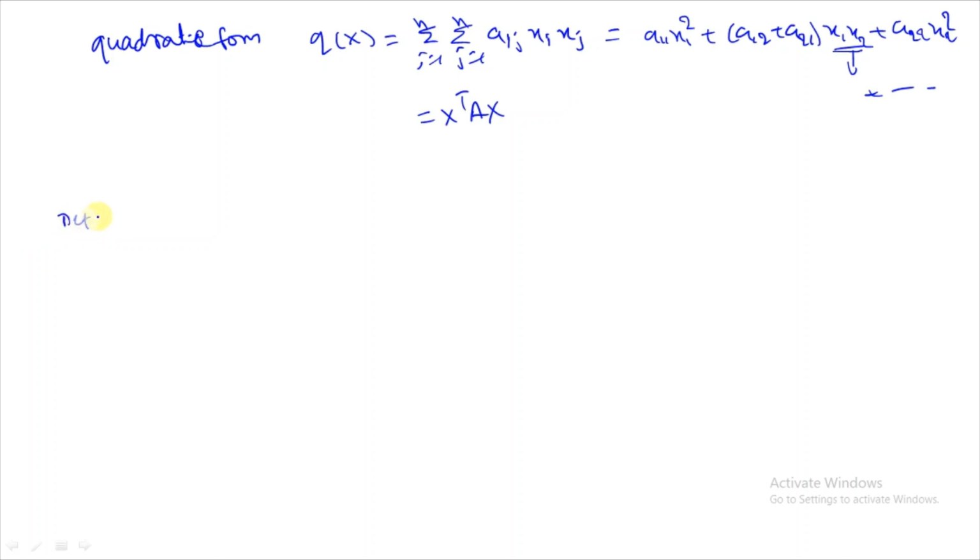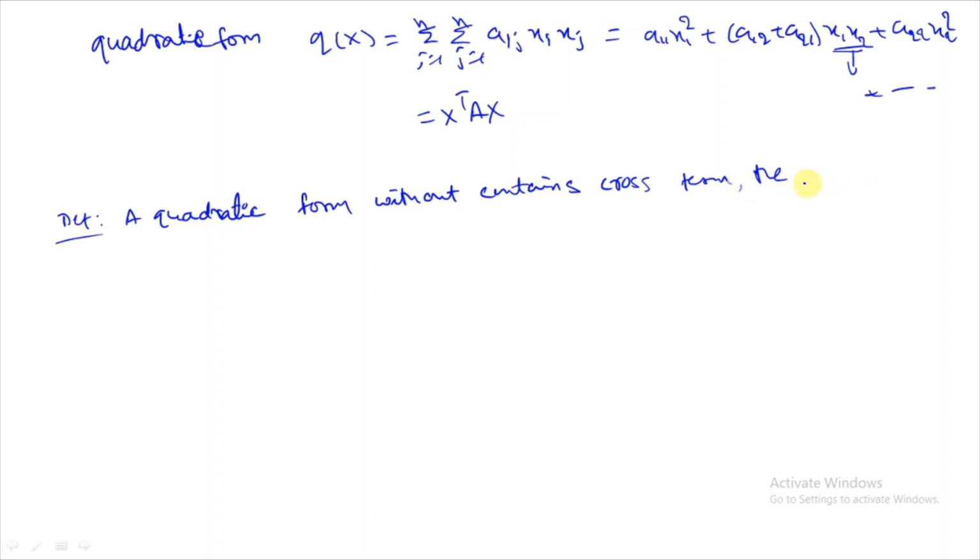You can write the definition: a quadratic form without containing cross terms is called canonical form, or you can say normal form.